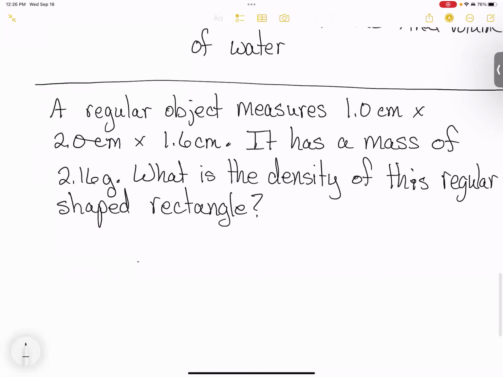So if we're thinking about this, basically what we're saying is we have an object that is regular in shape. It is 1.0 centimeters by 2.0 centimeters by 1.6 centimeters.